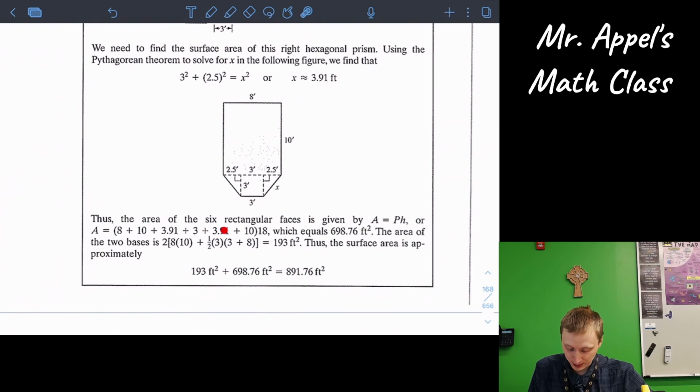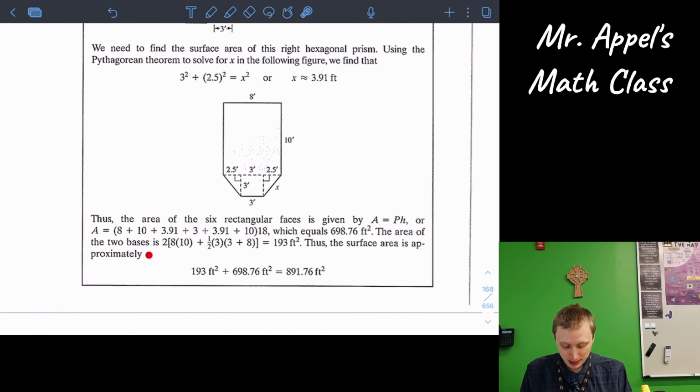Thus, the area of these 6 rectangular faces is given by area equals perimeter times h, or area is going to be 8 plus 10 plus 3.9, so we're just going around, adding them up, plus 3, plus another 3.1, plus another 10, all times height of 18, for a total of 698.76 square feet.